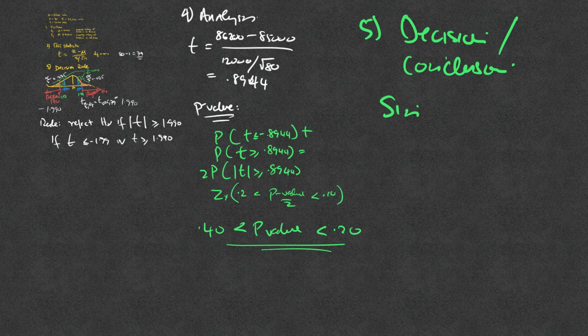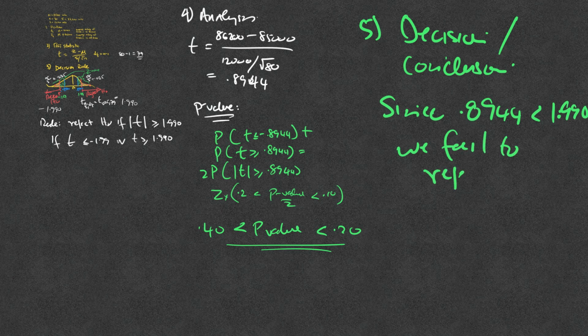So we'll say since 0.8944 is less than 1.990, we fail to reject H0. All right?